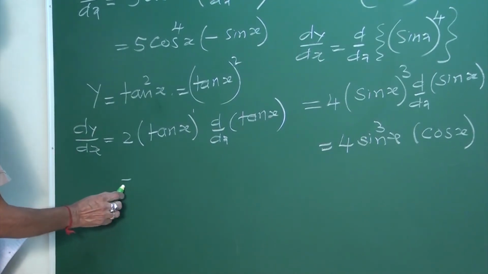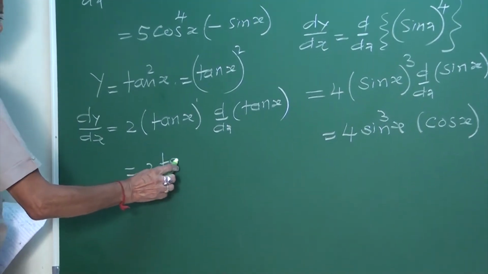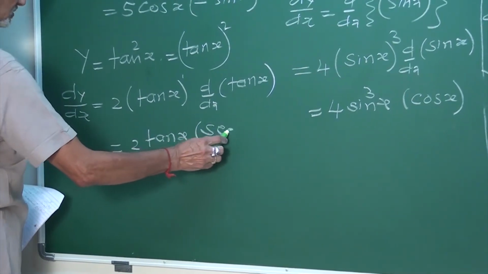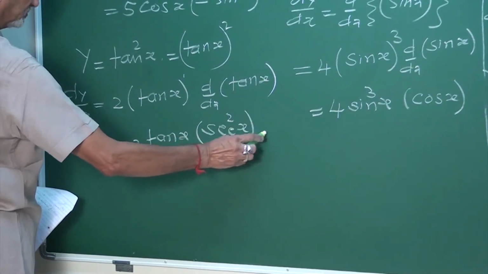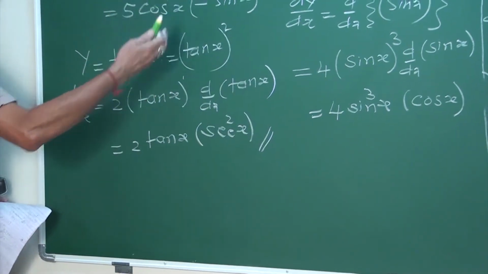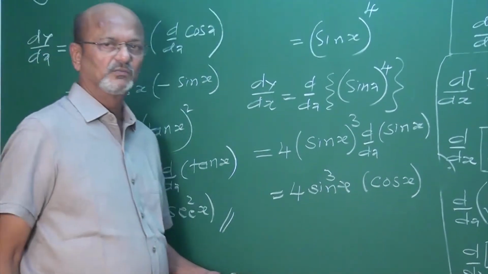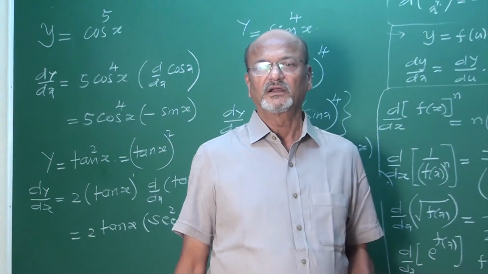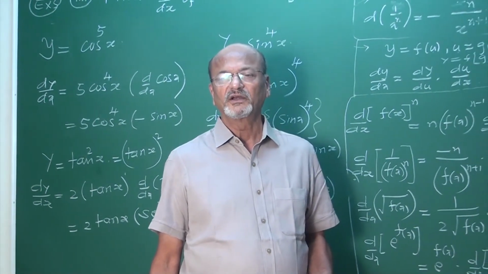Yes, my friend, it is 2 tan x into derivative of tan is sec square x. I hope it is clear. These are some 2 or 3 examples connected with trigonometric functions.